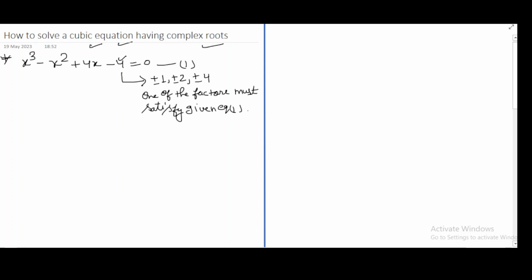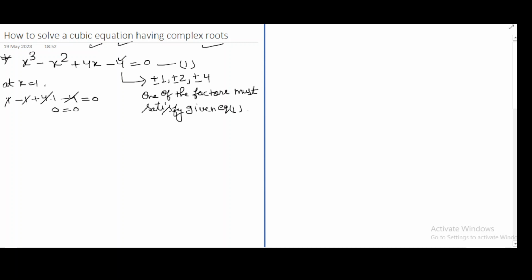So we will check it at x equal to 1. At x equal to 1, the left hand side will be 1 minus 1 plus 4 into 1 minus 4, then we will get 0. So the expression will be 0 equal to 0. That means x equal to 1 is satisfying equation number 1.